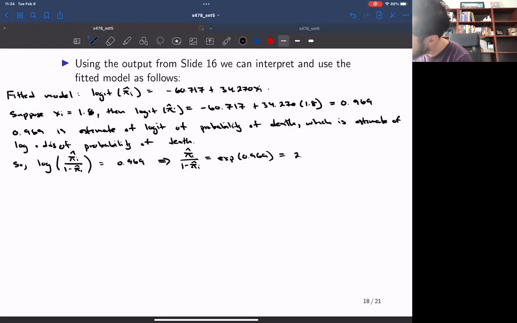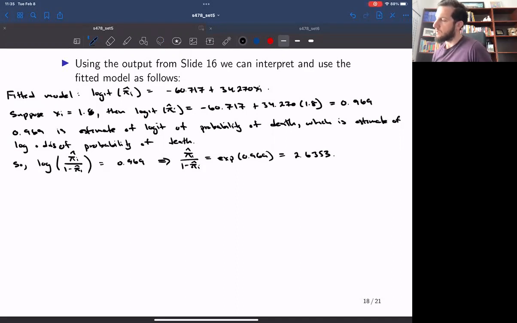Which is equal to 2.635. Okay. So now what we have are the odds of death at this dosage level, the odds that a beetle dies. So this is a ratio of the probability of death to the probability of survival. Okay, so this is basically telling us that the probability of death is larger than the probability of survival at this dosage level. Okay, and it's larger by 2 point.